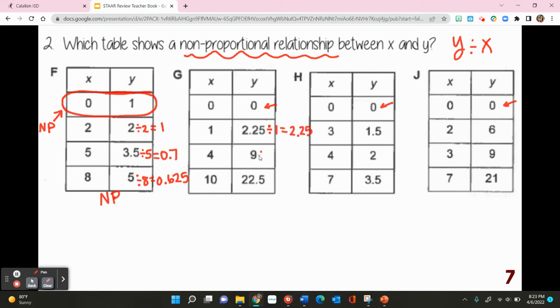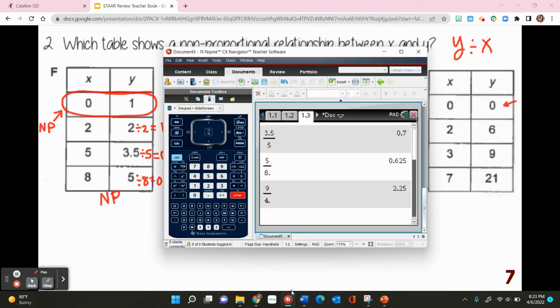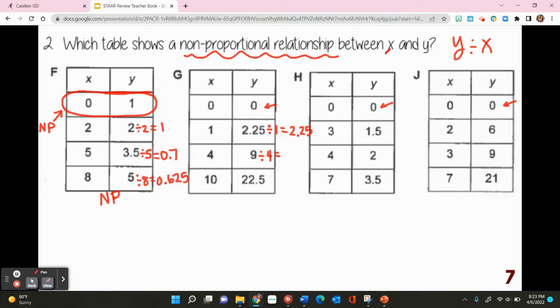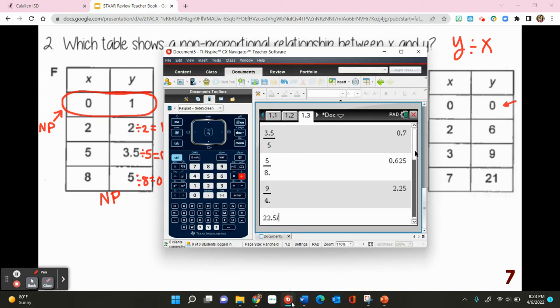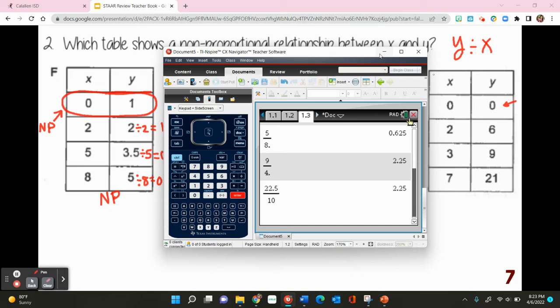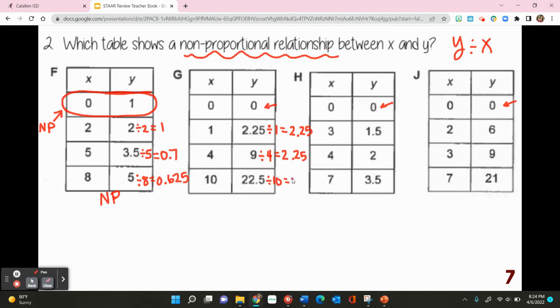When I take 9 and divide it by 4, in your calculator, 9 divided by 4 gives you 2.25. And when I take 22.5 divided by 10, again, it is going to give you 2.25. So here I see when I divide y by x, I end up with the same number, which makes this table proportional.